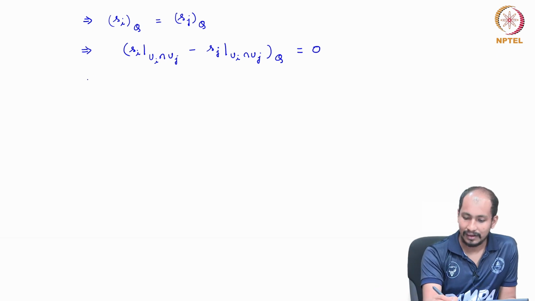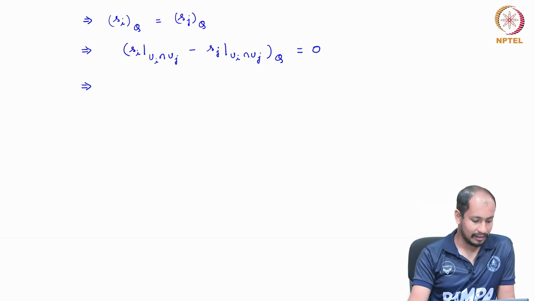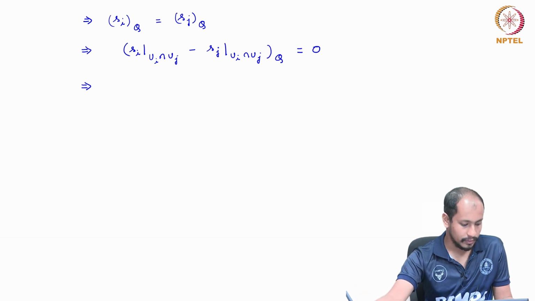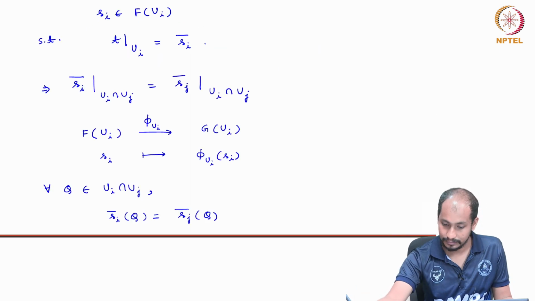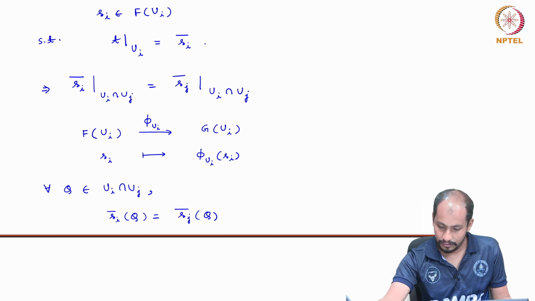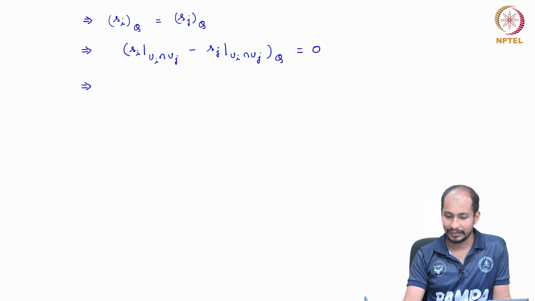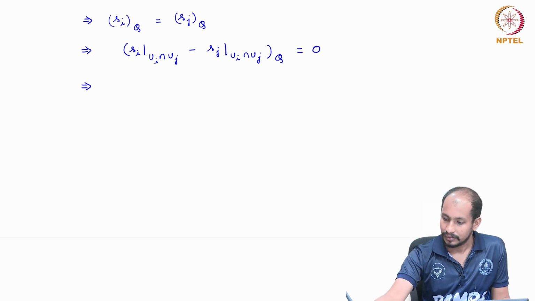Now, we want to apply phi of ui or phi of uj.